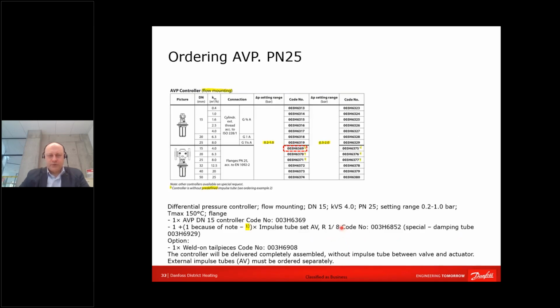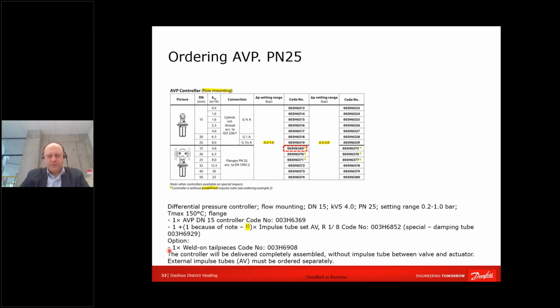Ordering: you are selecting, for example, with Danfoss AVP, we have 1 impulse tube already inside the controller. Some models need 2 impulse tubes. You're selecting the installation place, selecting the range, and you have the Danfoss code number, and here you go.